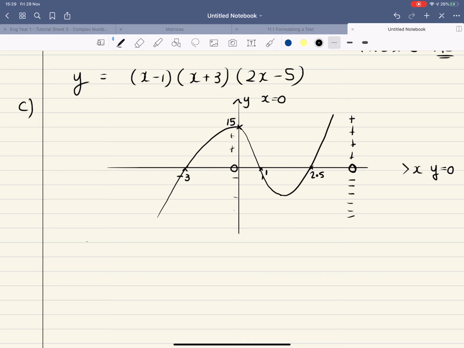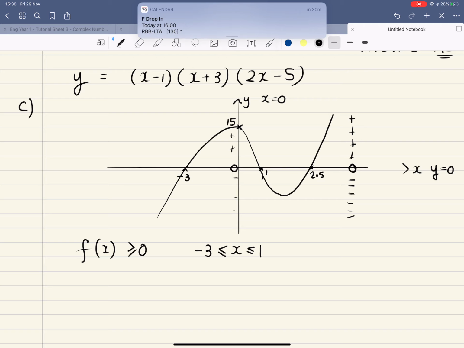So the cubic f of x is positive here, for these values of x, between minus 3 and plus 1. So you can say minus 3 less than or equal to x, less than or equal to 1.